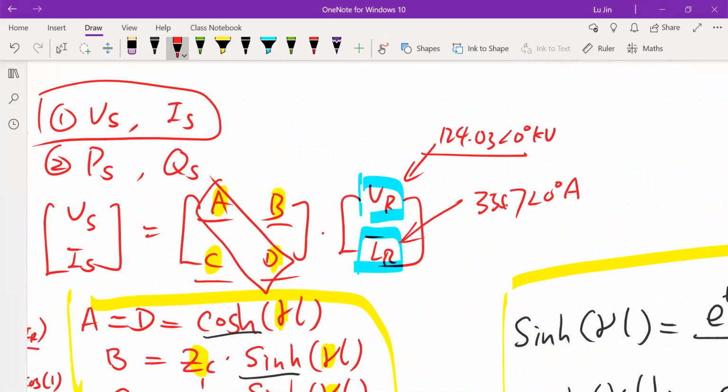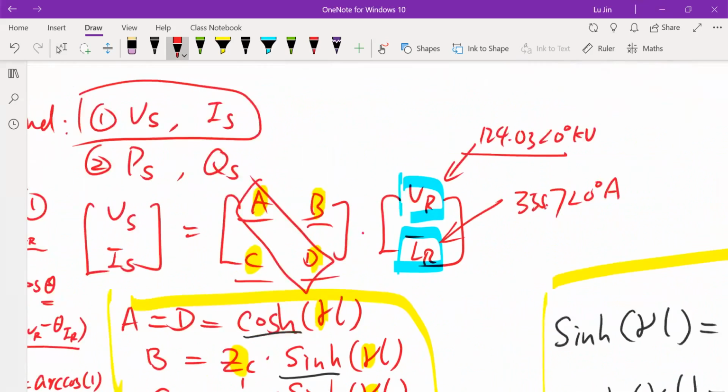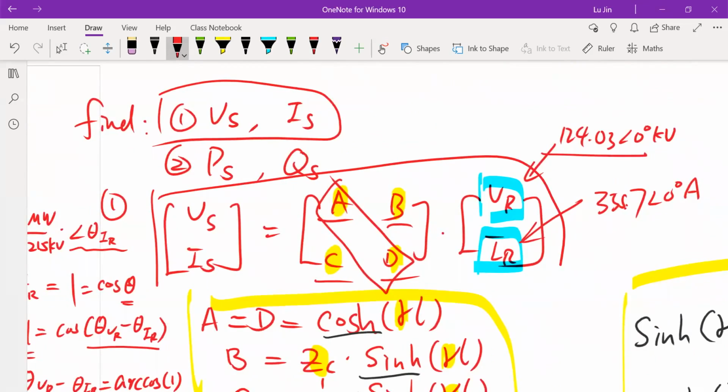Now, regarding this ABCD model, we know on the right-hand side ABCD are the 4 parameters. We know VR, we know IR. So by doing this matrix calculation, you should be able to work out what is VS and what is IS. I think that's really simple, right?